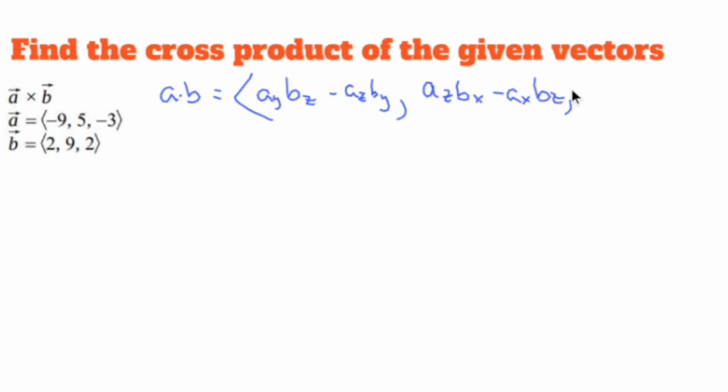And then part 3 is a sub x, b sub y minus a sub y, b sub x. Okay, so there's my a, x, y, z. There's my b, x, y, z.